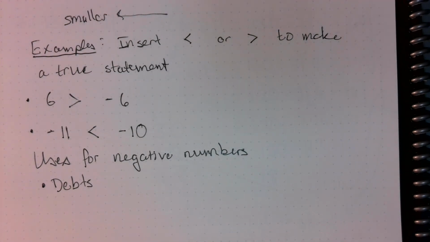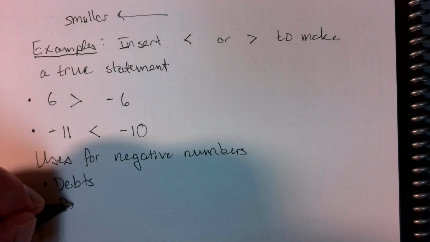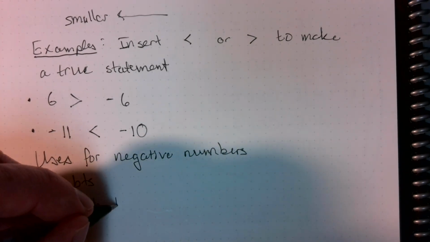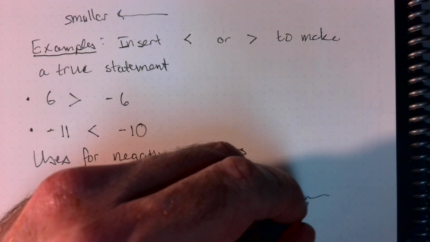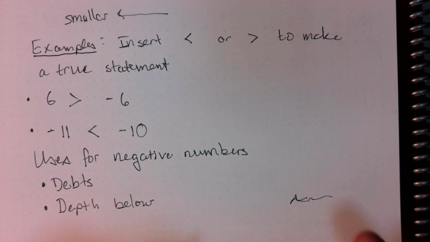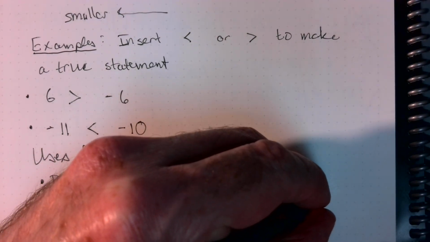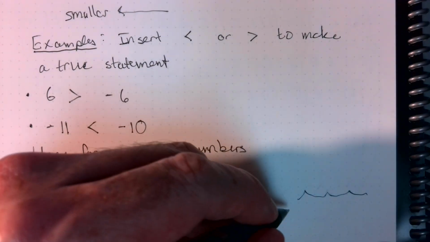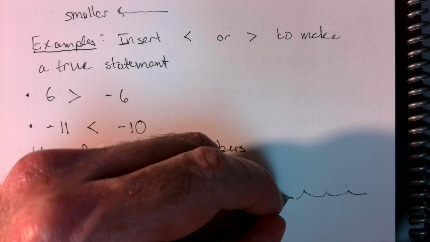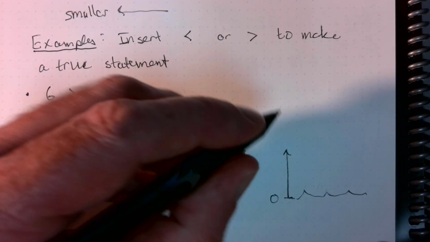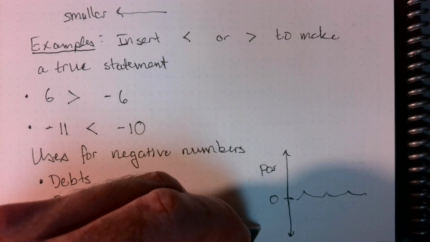For example, depth below a surface. Let's say I had some water here. We might indicate the surface of water is 0, your height above would be your positives, and your depth below would be your negatives.